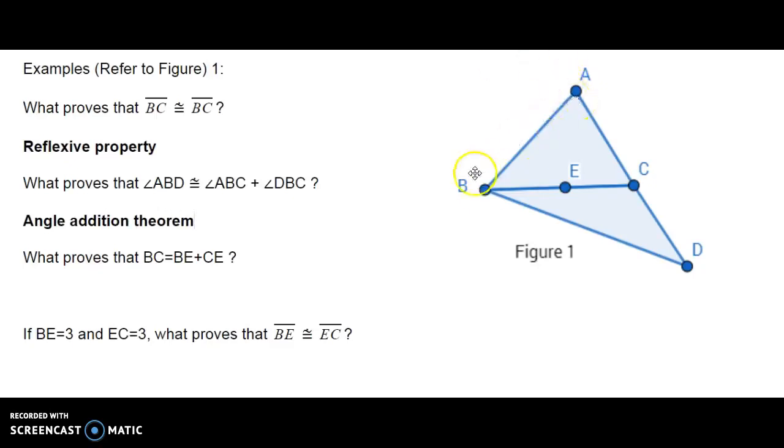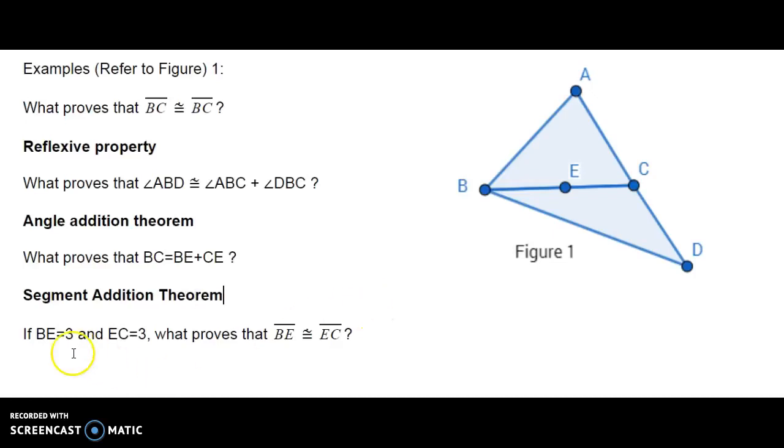Okay, because the big angle is made up of those two smaller angles. What proves that BC, so this segment, is made up of BE and CE? Well, kind of what we saw before, we saw that it was angle addition. Here we're talking segment addition. So that's going to be our segment addition theorem.